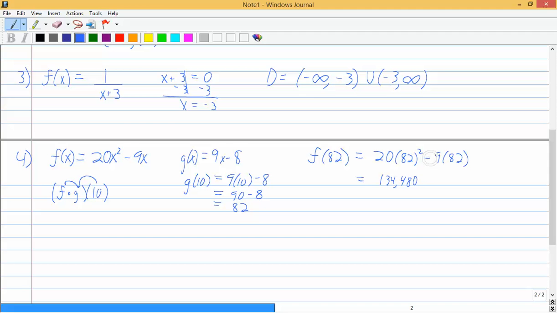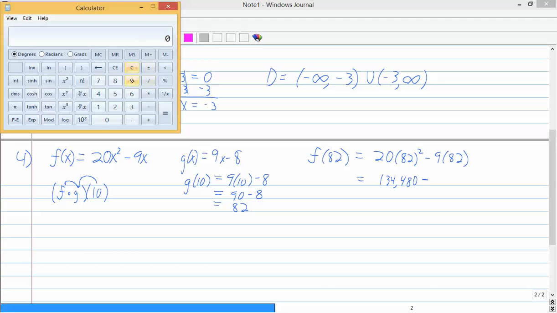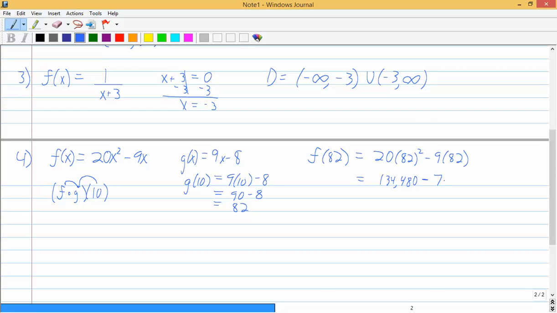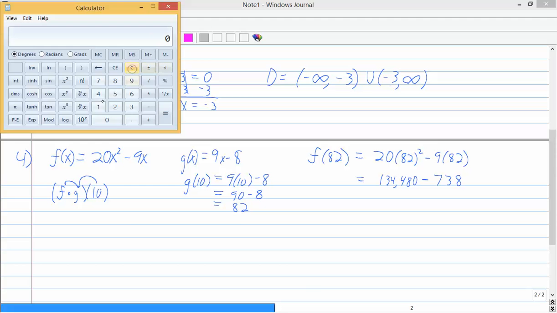And then that's going to be minus 9 times 82. So minus 738. Alright, so that is 133,742.